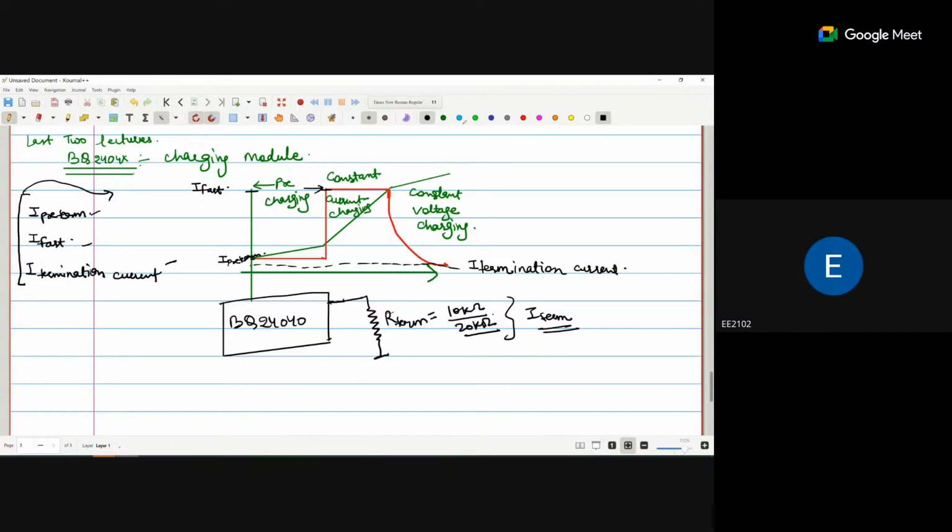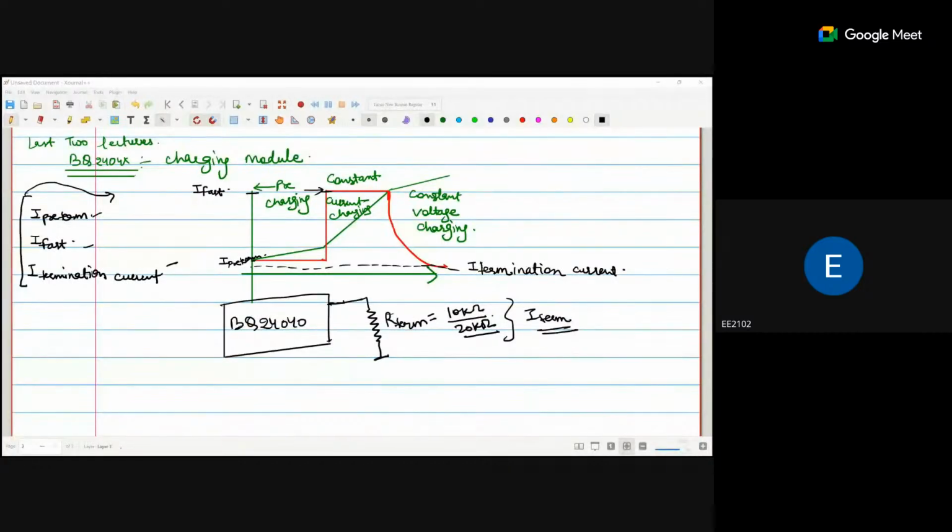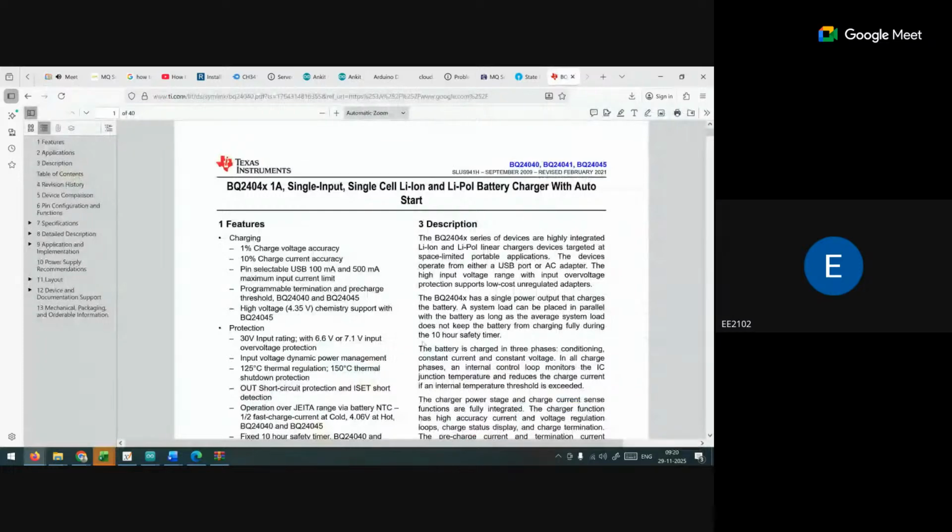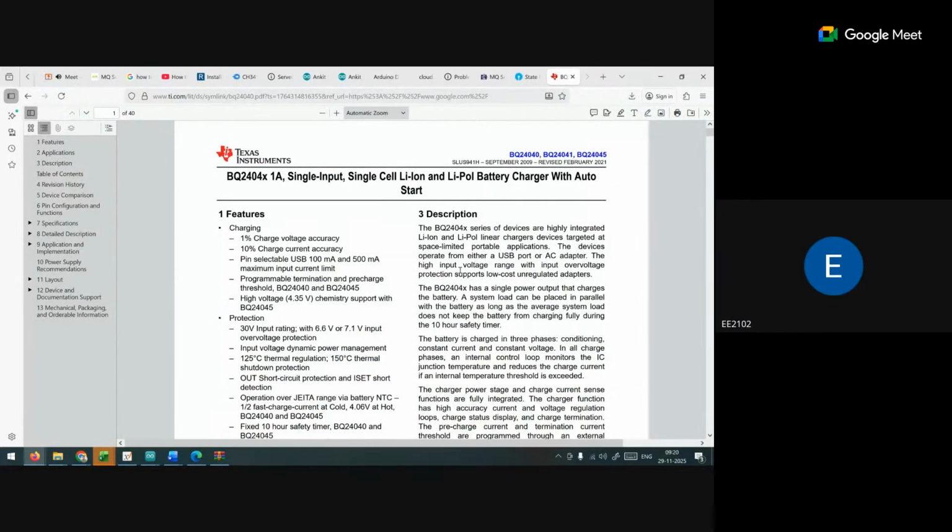Like for example, the item is not given in that. If you see the data sheet, this is your data sheet.